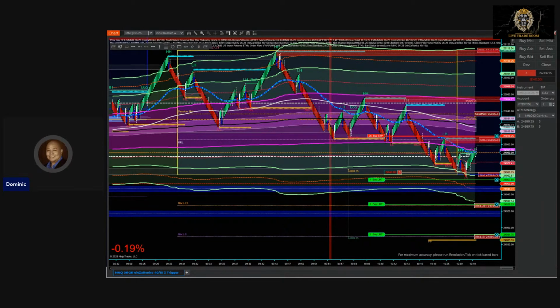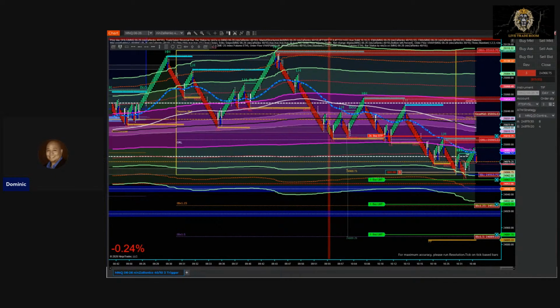It's bouncing off the -1 deviation right there, but that's also the IB low. So it really didn't follow through there. Let's see, it's going to come down now. There we go, come on.